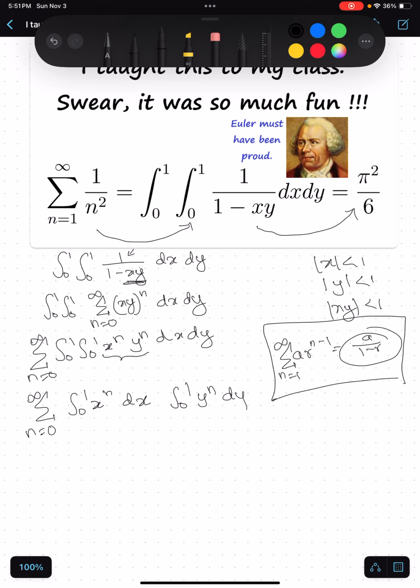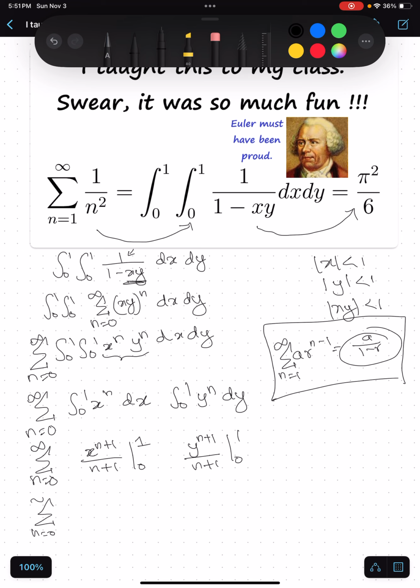So we'll just integrate one by one, and we know that this is x to the power n plus 1 by n plus 1 from 0 to 1, times y to the power n plus 1 by n plus 1 from 0 to 1, and sum from n equals 0 to infinity.